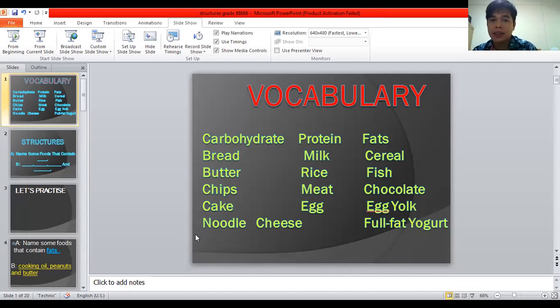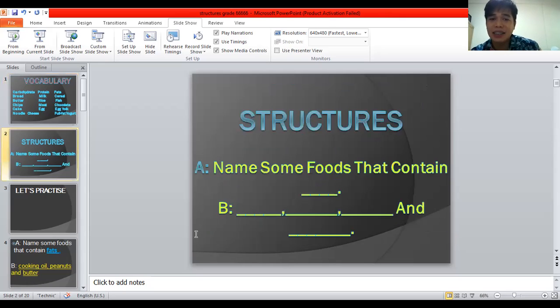Repeat after me, students. 1, 2, 3, go. Carbohydrates, bread, butter, chips, cake, noodles, protein, milk, rice, meat, egg, cheese, fats, cereal, fish, chocolate, egg yolk, full fat yogurt. Now let's proceed to our sentence structures.